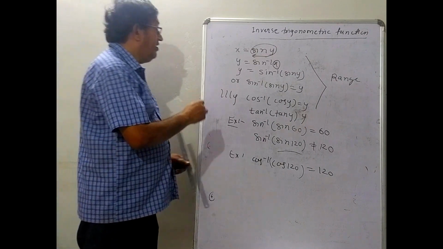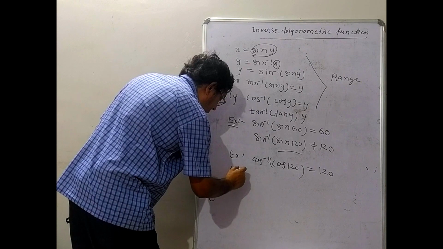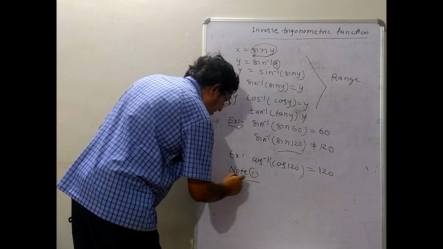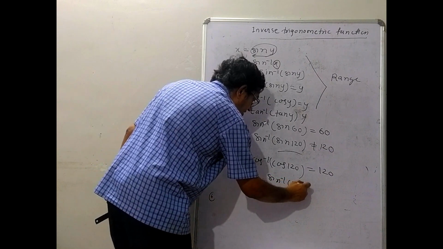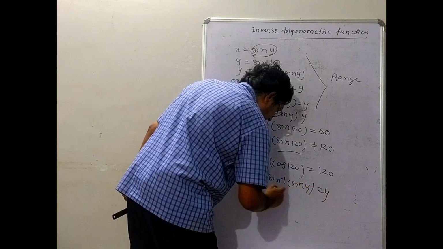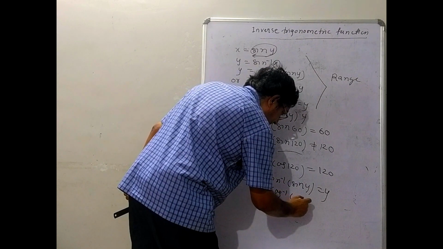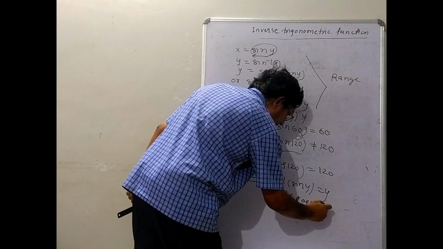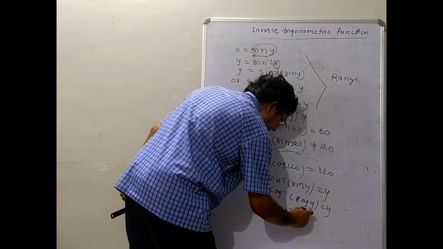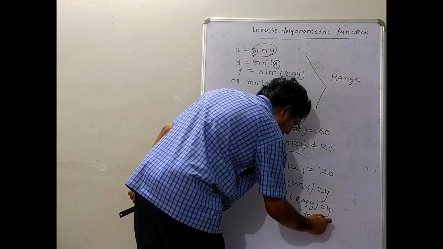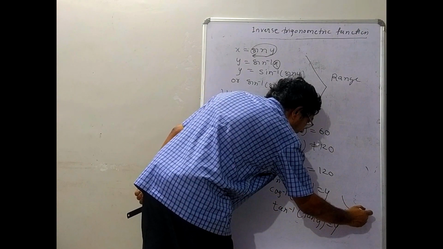So we can use this as note number 1. Sin inverse of sin y is y. Similarly, cos inverse of cos y is y, and tan inverse of tan y is y, and this is applicable only in the respective range.